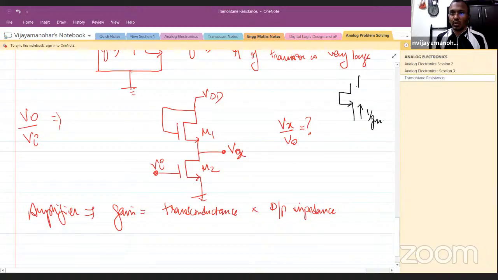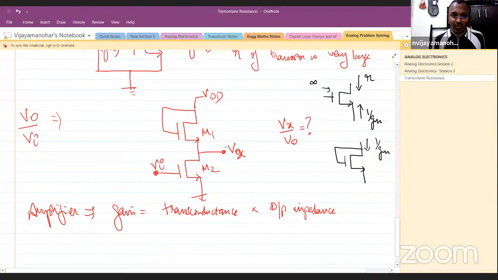The impedance looking into the drain will be R. The impedance looking into the gate will be infinity. And if you have a diode connected connection like this, the impedance looking into this terminal will be 1 by Gm. These are facts we already know based on our understanding of MOSFET.